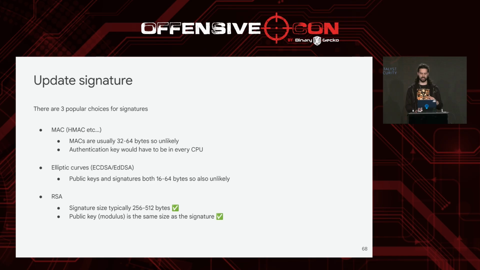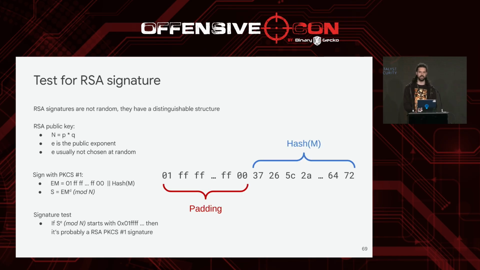And so we would like to see if this is really an RSA signature. One way we could do that is to exploit the structure that is usually present in RSA signatures. The signed data is not random, and it has some kind of distinguishable structure. People have come up with a bunch of standards for how to make these RSA signatures, and one popular one, which is also very simple, is called PKCS #1.